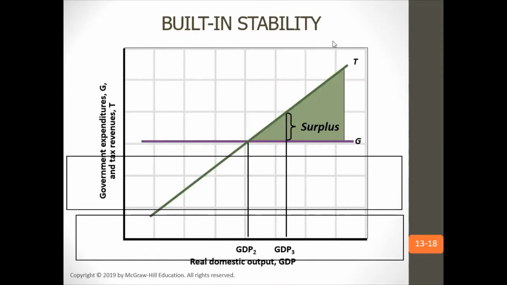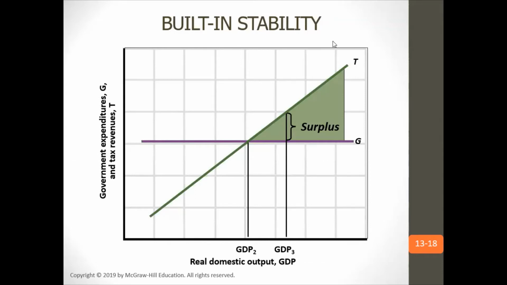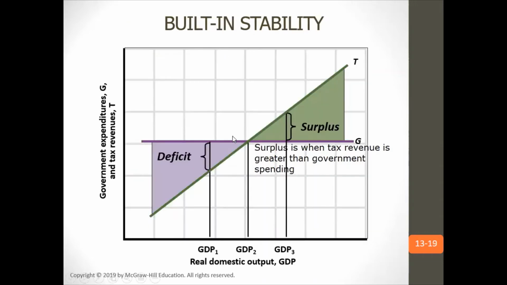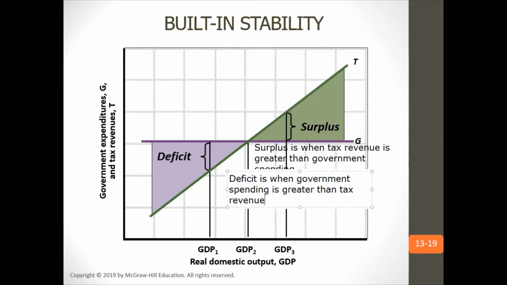So this is surplus. Surplus is when tax revenue is greater than government spending. And then deficit is when government spending is greater than tax revenue.